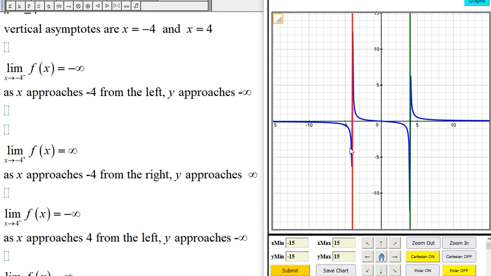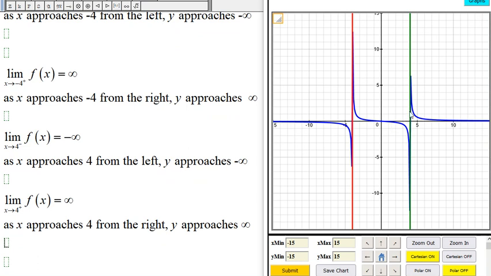And then as x approaches negative 4 from the right, we start from the right and get closer and closer. We see that the graph is going up. So that tells us that y approaches positive infinity.